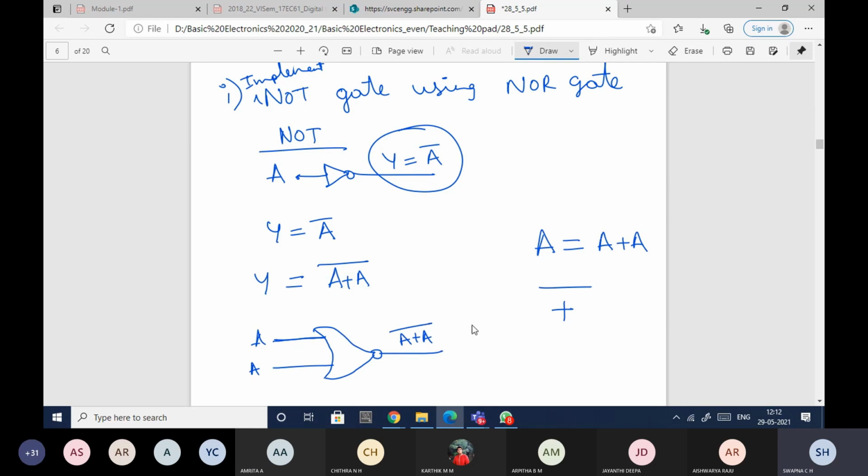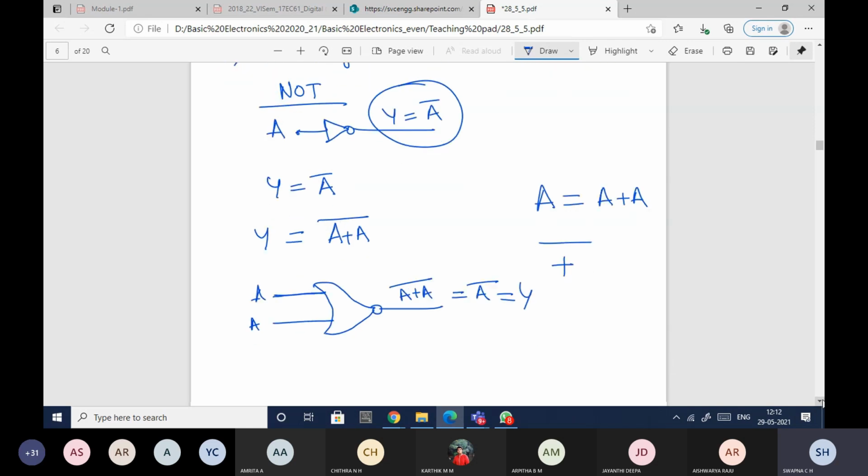Okay, A plus A whole bar, which is also equal to A bar, which is nothing but here Y. So this is nothing but the implementation of NOT gate using NOR. But if you observe, this is also A only and this is also A only. So instead of connecting it twice, what I can do, I can take the second input and connect it here. From here only I can take it. Any doubts here?